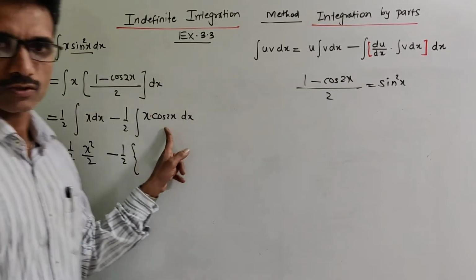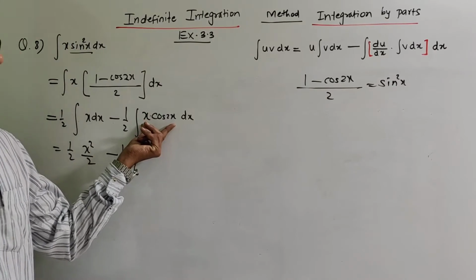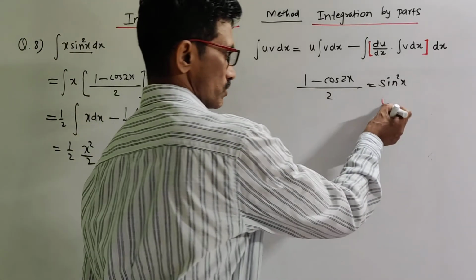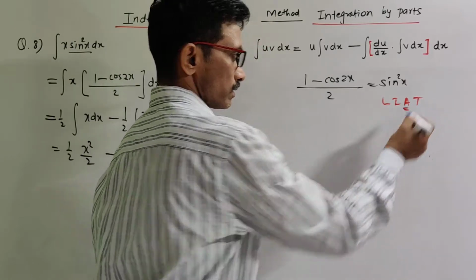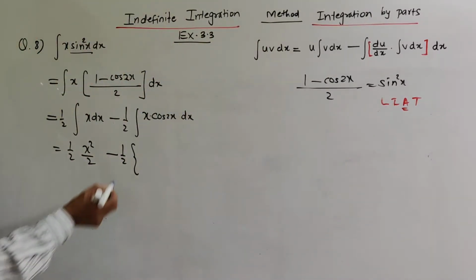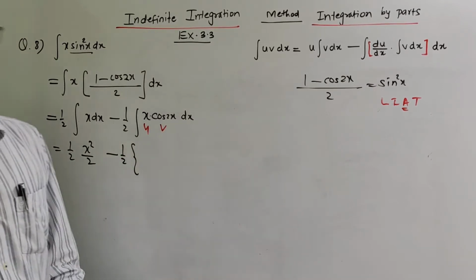Integrate it by parts, so obviously algebraic function and trigonometric function. So we are using this rule, algebraic function and then trigonometric function. Algebraic is the first function, that is u, and cos 2x is v.